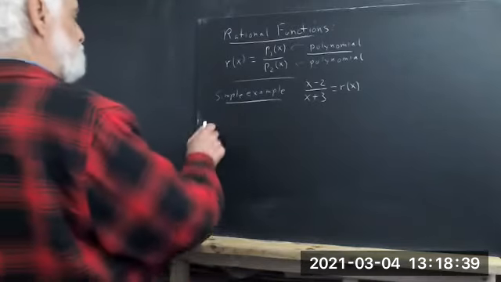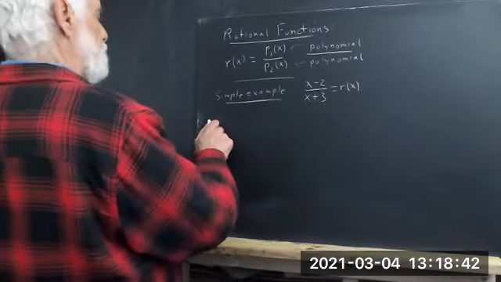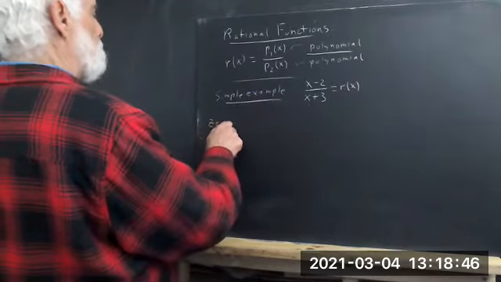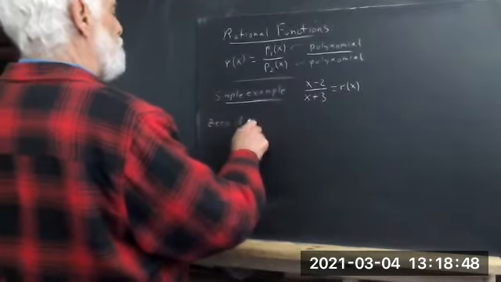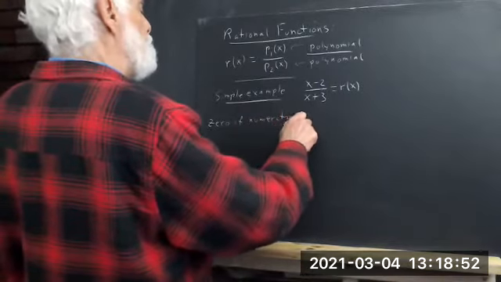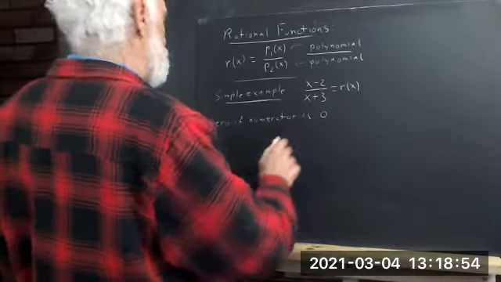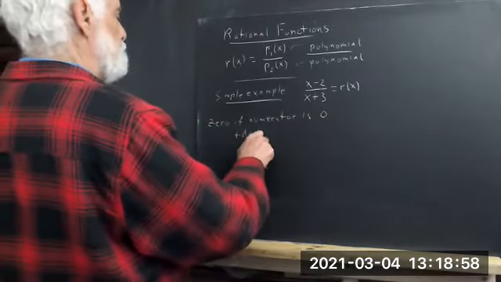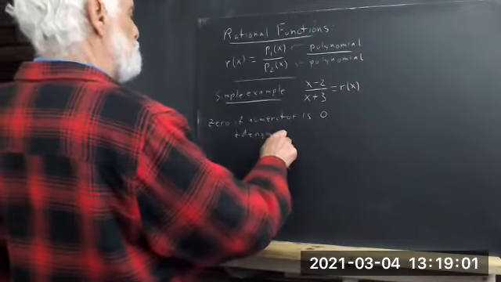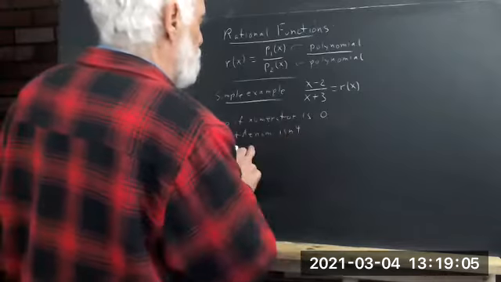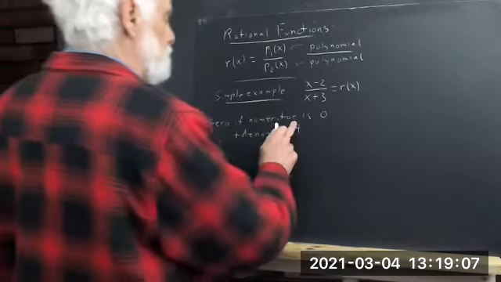Well, it's 0 if the numerator is 0 and the denominator isn't.